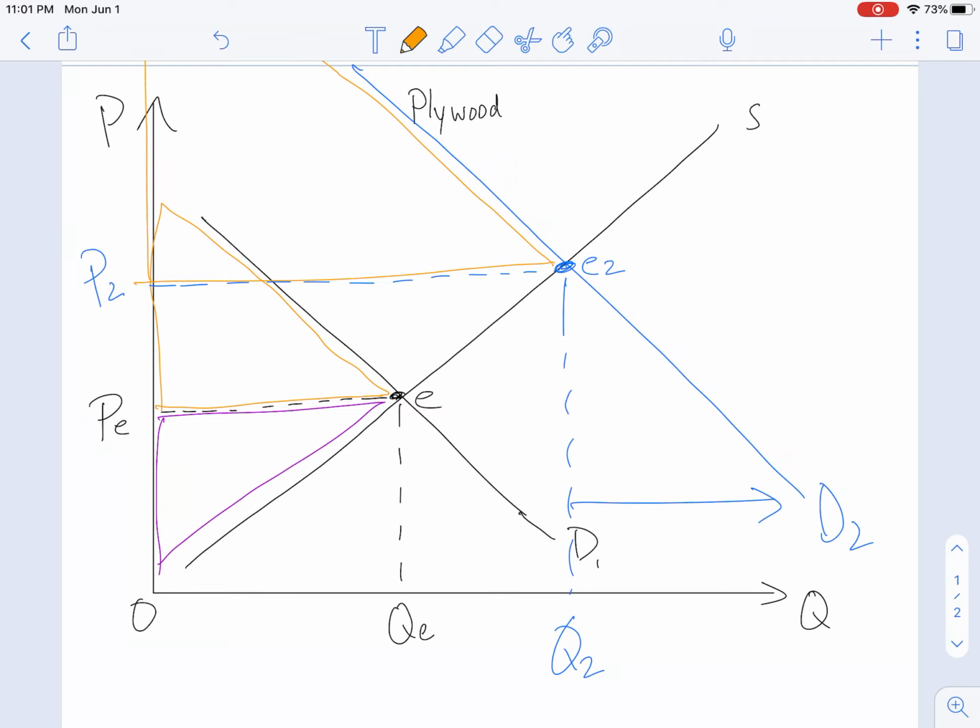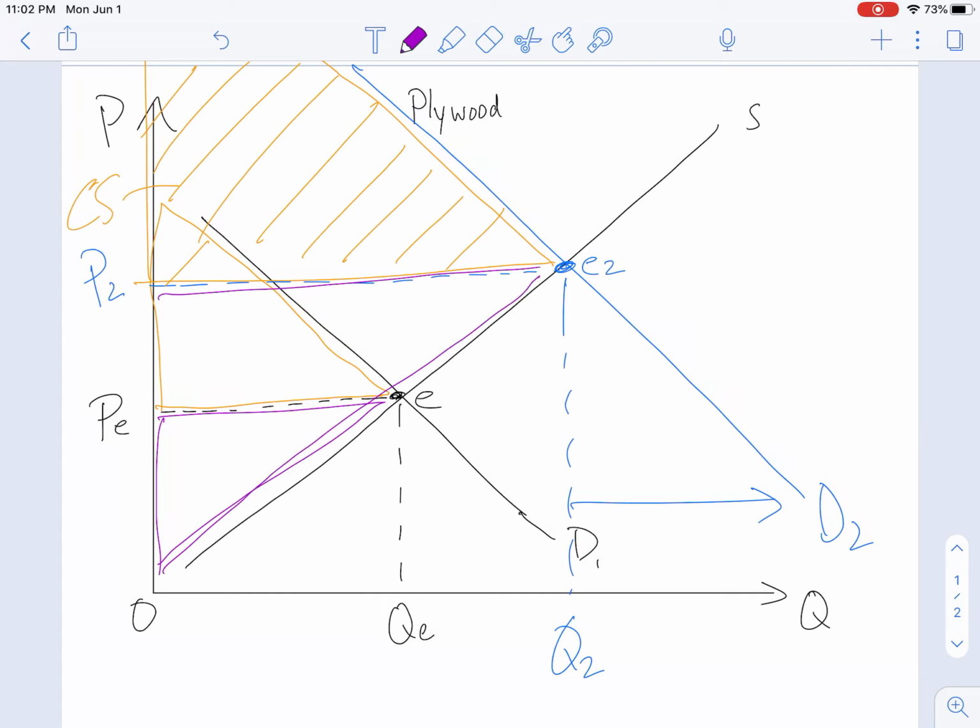And it looks like this. Right, and it's everything below the demand curve all the way down to the equilibrium price. And the area of producer surplus is everything above the supply curve, right, and up to the equilibrium price. So there's the area of producer surplus. Let me see if I can make that a little bit neater.